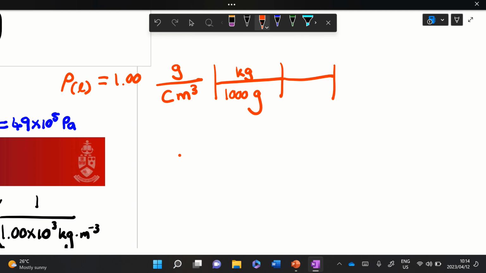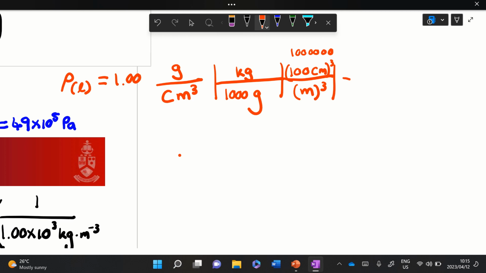And then there is 100 centimeter in a meter, but we want cubed. So we need to remember that. So how many is there actually? We have here one with 6 zeros. So how many zeros cancel out? 3 3s, so we must multiply by 3.